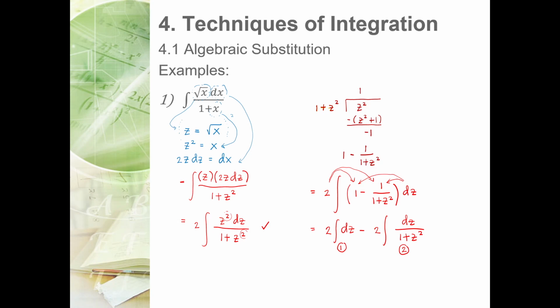So remember the format for the arctangent equation: du all over a squared plus u squared. So our a squared is the one here, right? So let me express this so you can see it. It's similar to du all over a squared plus u squared.